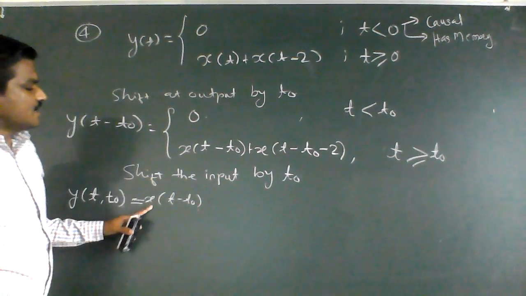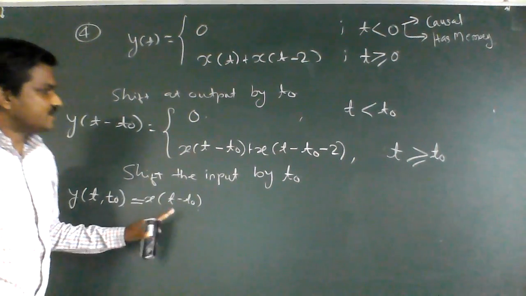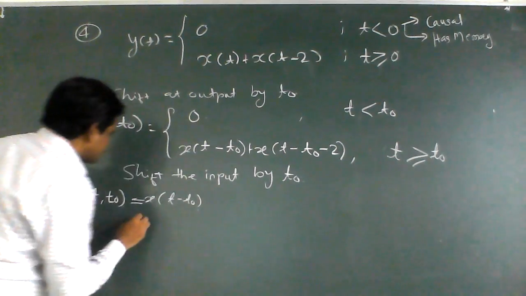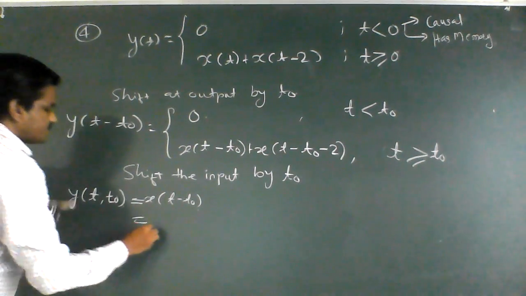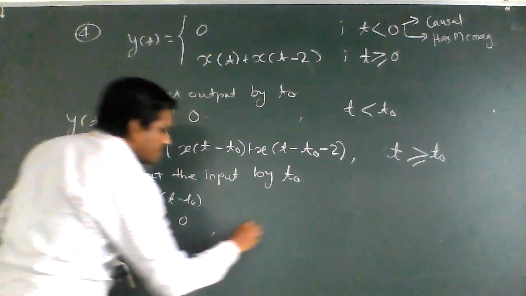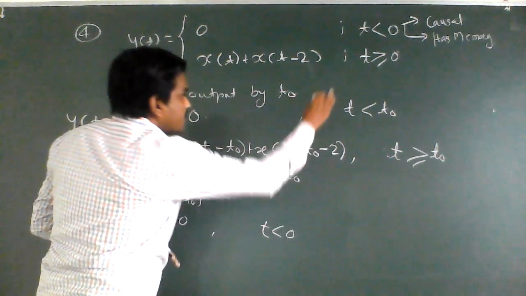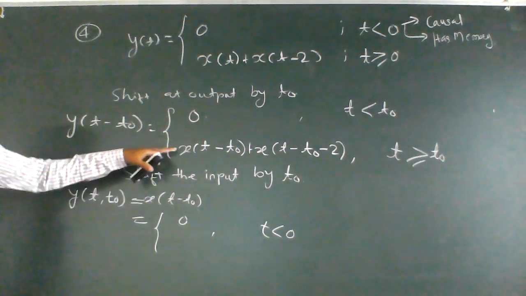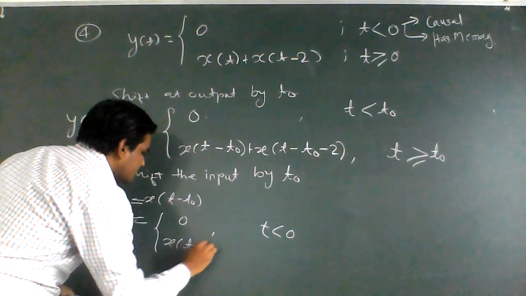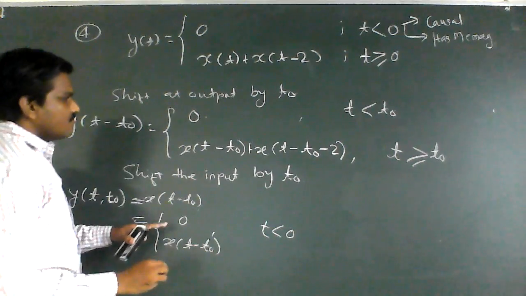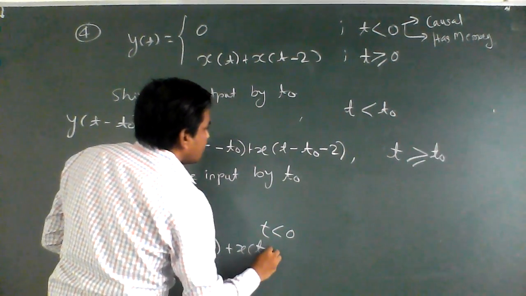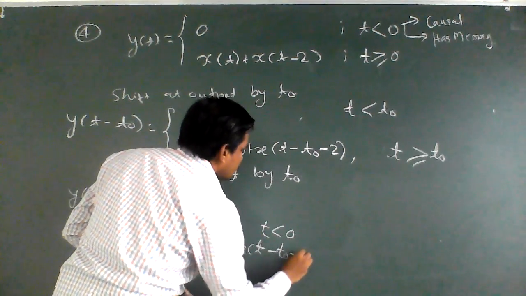We are just shifting the input only, which is equal to, so this becomes 0 for t less than 0. What about this? This becomes x of t minus t0 plus x of t minus t0 minus 2.